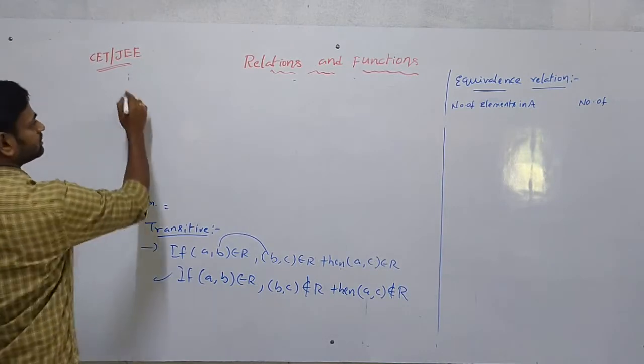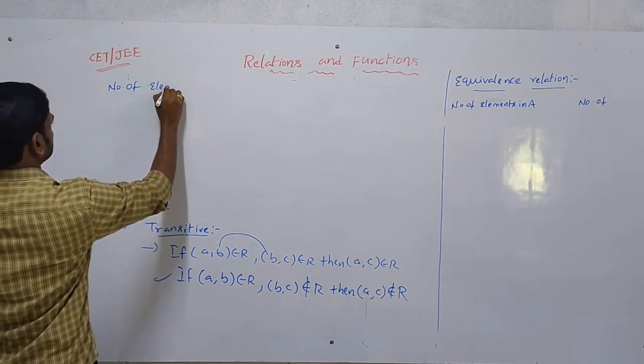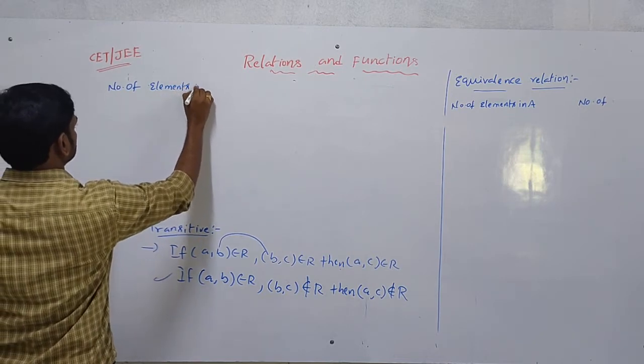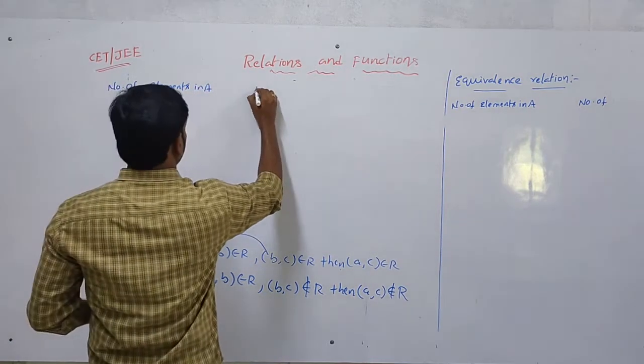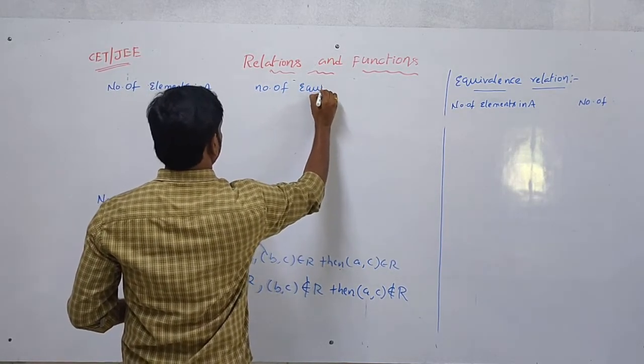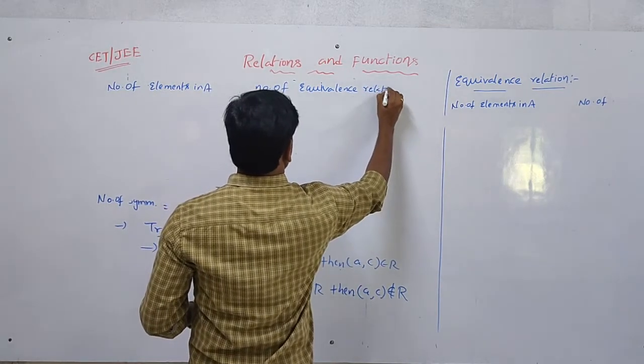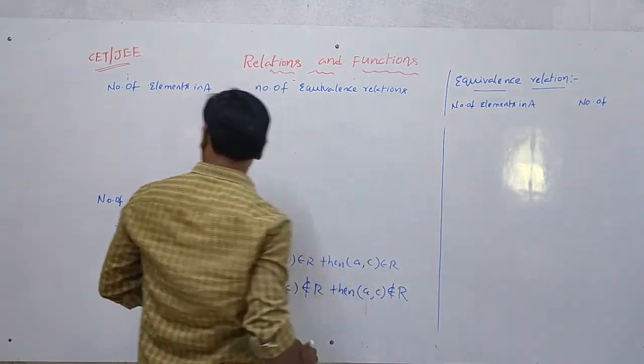Here I am taking the number of elements in A and the number of equivalence relations.